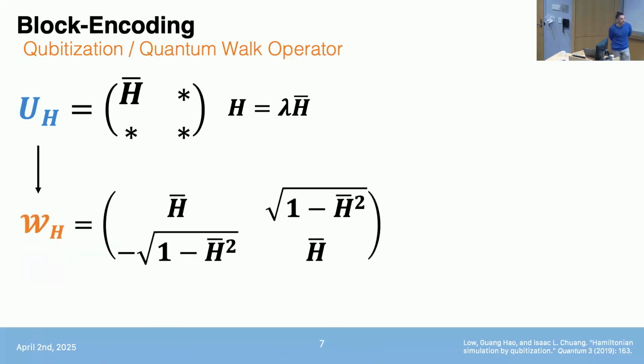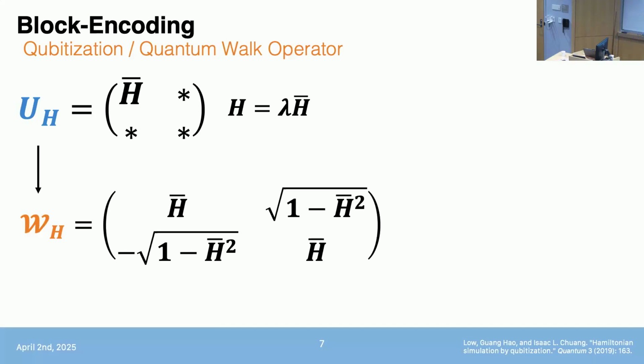Typically, we can find some simple transformation of UH to generate what we'll call WH, or the walk operator, that has this form. So this gets to your question about whether the stars are totally arbitrary. In this case, for the walk operator, they're defined specifically to have this form. This is written in a two-dimensional subspace.